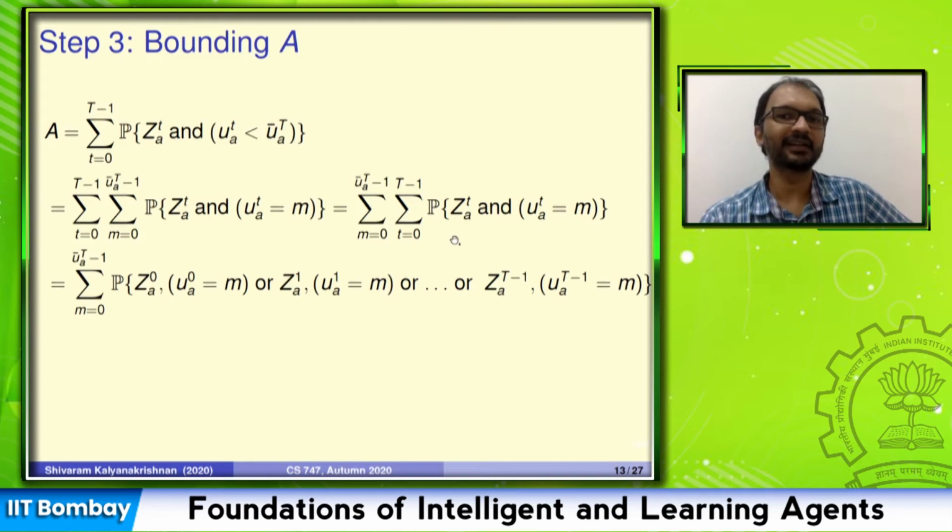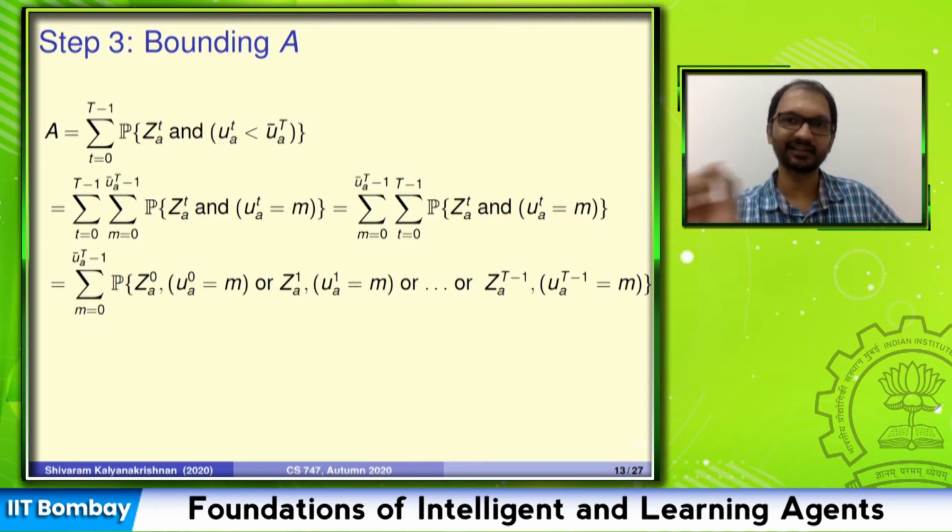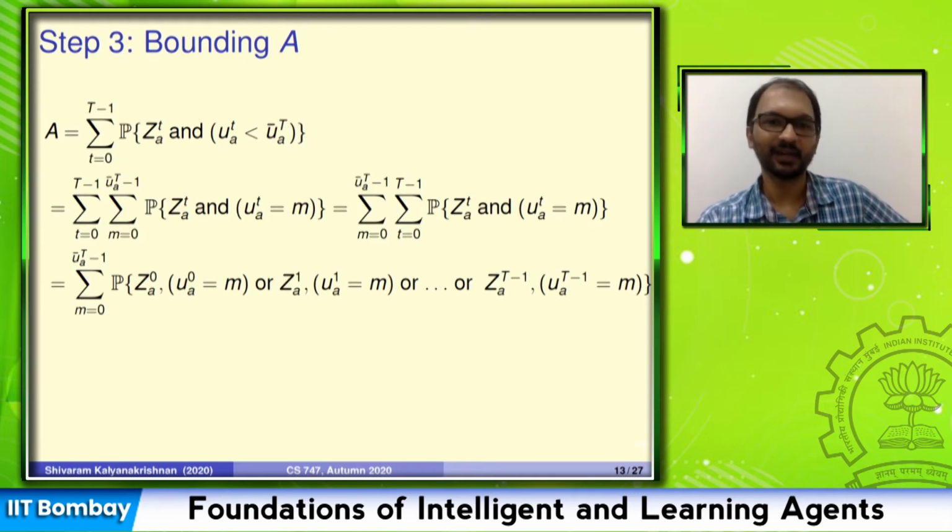Take a minute to convince yourself that this sum of probabilities can actually be written as the probability of a single event that is a disjunction. Just to save space, I'm replacing "and" by a comma.